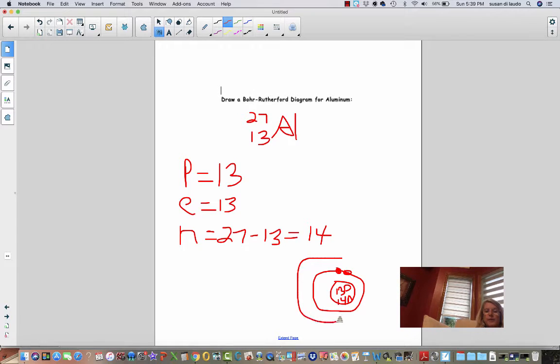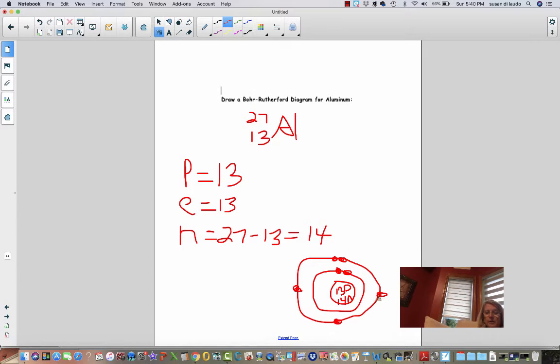Remember, I have to do 13 in total, so I have to go to my second energy level. Ooh, that's not very nice. And again, I follow 12, 3, 6. Do make yours neater than this. You can do it better with your pencil on paper. So I do 12, 3, 6, and 9 o'clock. But remember, my second energy level can hold 8, so I'm going to start doubling up now.